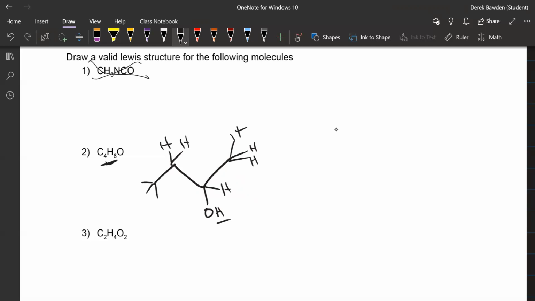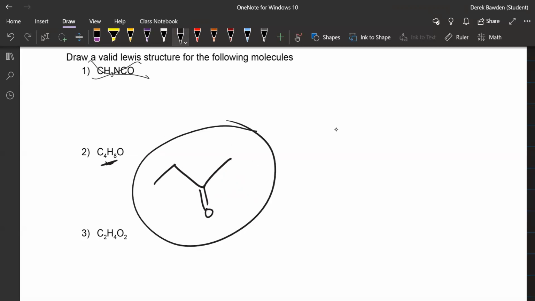Still too many. So why don't we try a double bonded oxygen? Let's try a C double bond O. Count how many hydrogens: 1, 2, 3, 4, 5, 6, 7, 8. Perfect. So now we have 4 carbons, 8 hydrogens, and 1 oxygen. So this would be our valid Lewis structure.